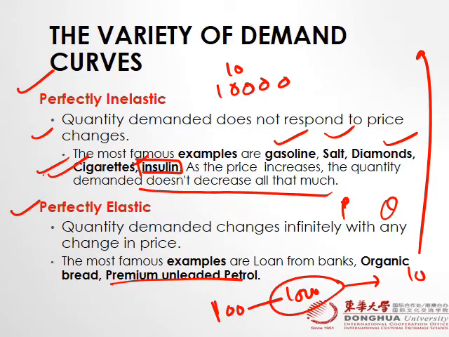Similarly, premium unleaded petrol. If the price difference between normal petrol and unleaded petrol is small, 1 or 2 yuan, people can buy that. If more than that, people say we don't need that one. So we call this perfectly elastic.